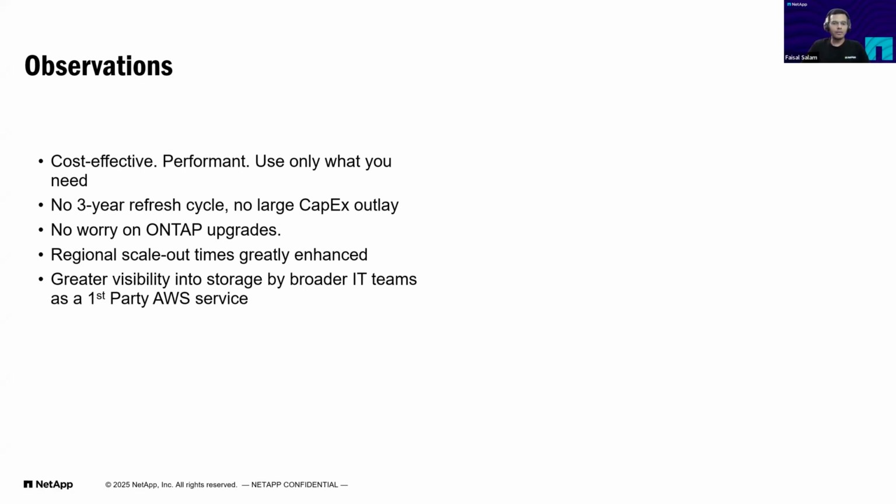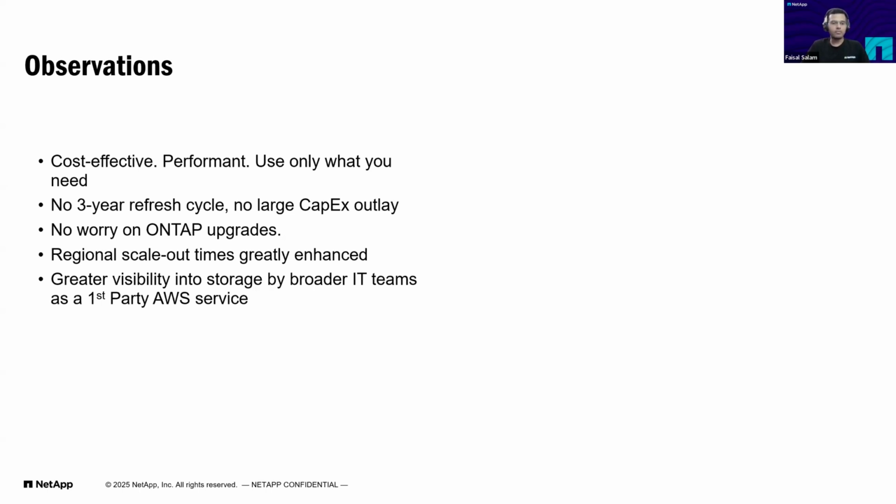We do have ticketing that's happening for our volumes and the aggregates. We're also using the SSD tier for improved performance. And like I mentioned, the ONTAP upgrades are taken care of by AWS. That's a huge time saving measure for my team.